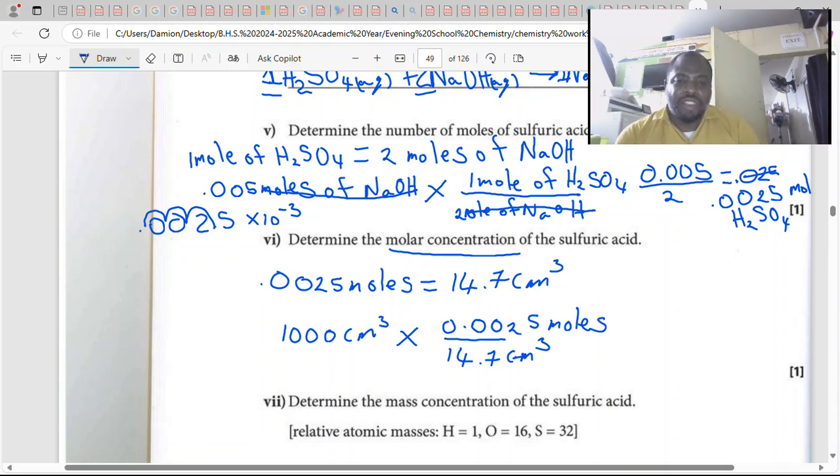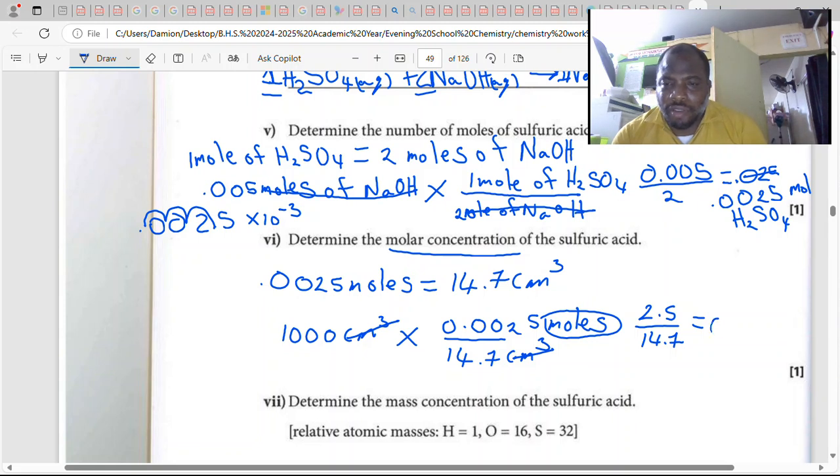And so centimeter cube cancels centimeter cube, leaving our answer in moles. But remember, it's concentration, so it's moles per dm cube. So again, this times 1000, so it's really 2.5 divided by 14.7. And what is that? Yeah, 17.